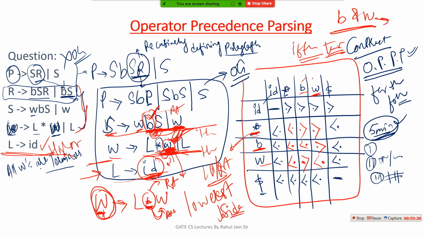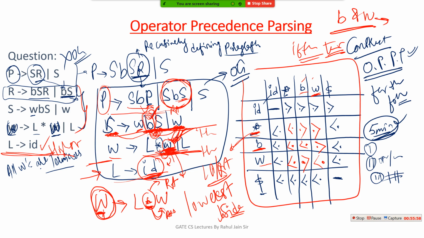Sir, B is right associative because there isn't any terminal, so B is right associative for this S, because the leftmost symbol of this transition in which this B exists is S. That is why this is right associative, because from this transition we can't derive anything, because here P is there. This P exists on the rightmost side, and here S is there, so we cannot deduce anything about B from here.